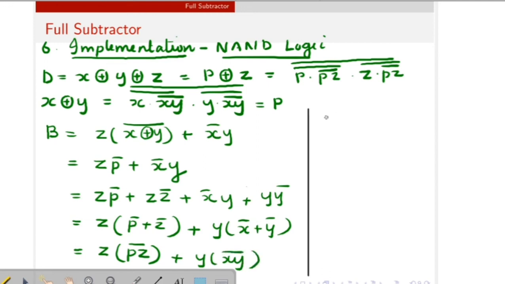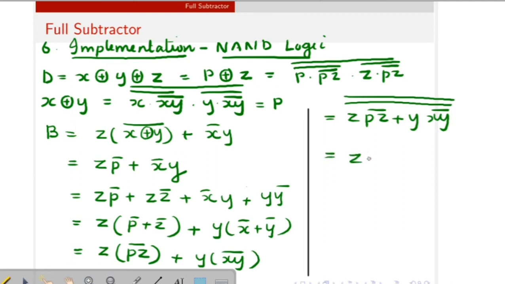Next we can write it as Z into (PZ) bar plus Y into (XY) bar, double bar. Then apply De Morgan's, that is Z into (PZ bar) whole bar dot Y into (XY bar) whole bar. Clear. So this is the expression for the borrow. Now we can implement this using NAND logic.